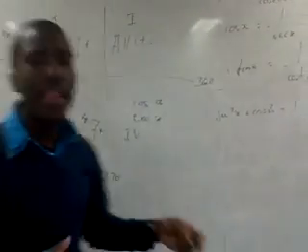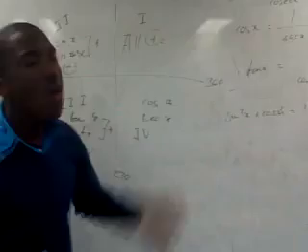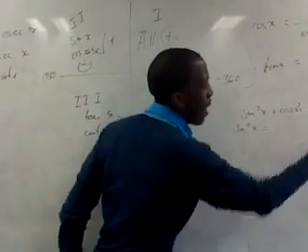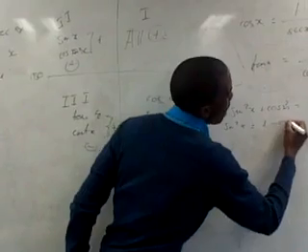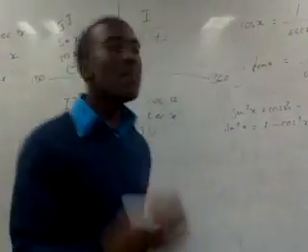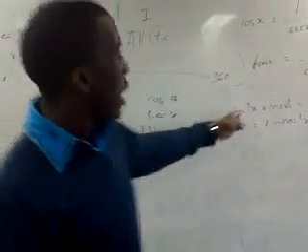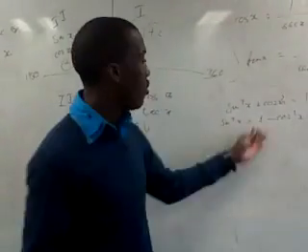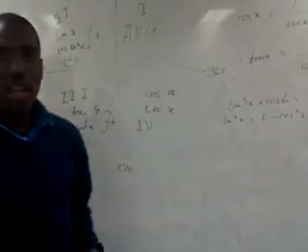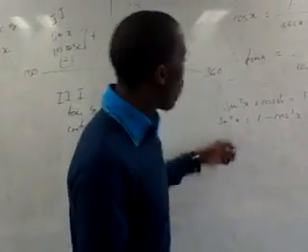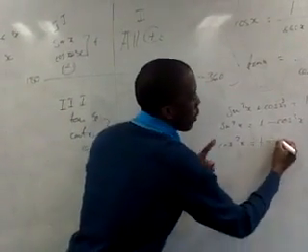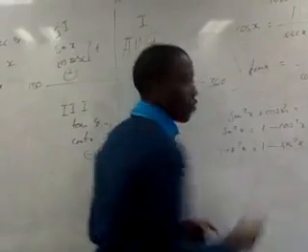When we want to make sine squared x the subject of the formula, it's going to be 1 minus cos squared x. By moving cos squared x to that side, we are transposing, changing the sign. The same thing applies to cos squared x: it's going to be 1 minus sine squared x.